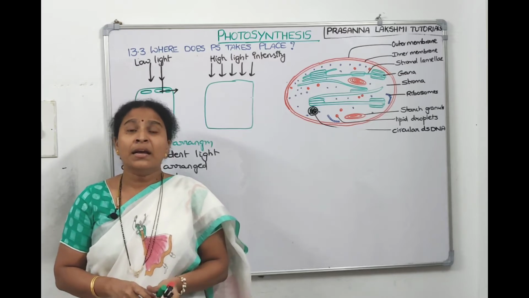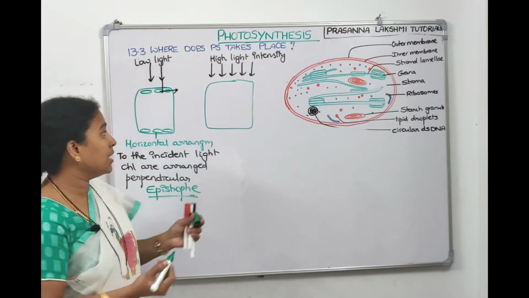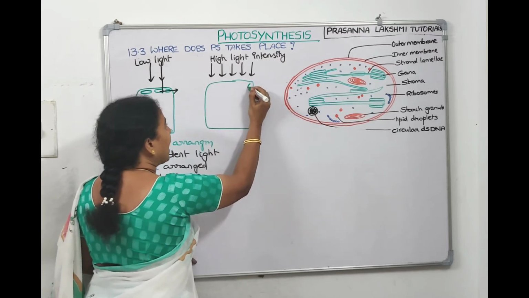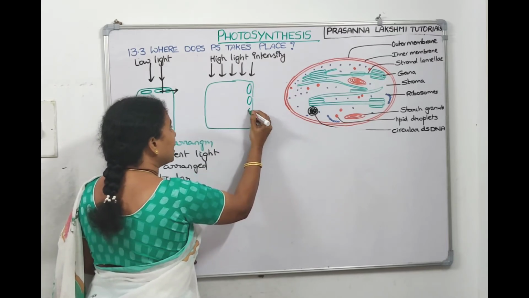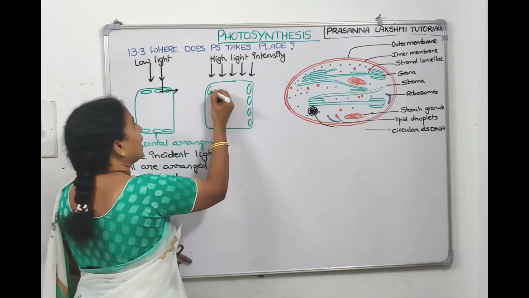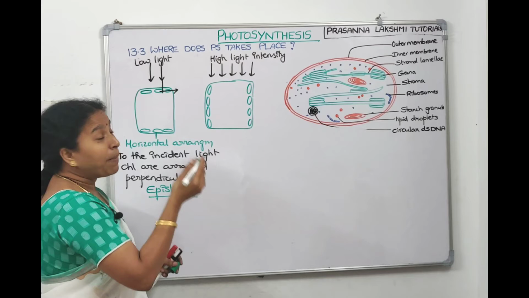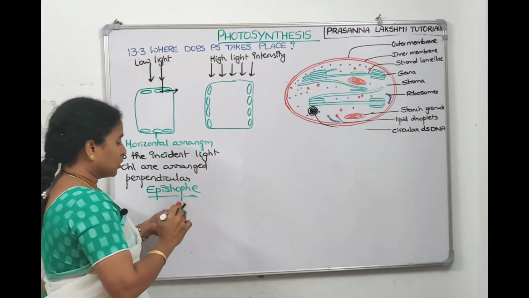So at very high light intensity, the chloroplasts move away from these areas and are arranged vertically.